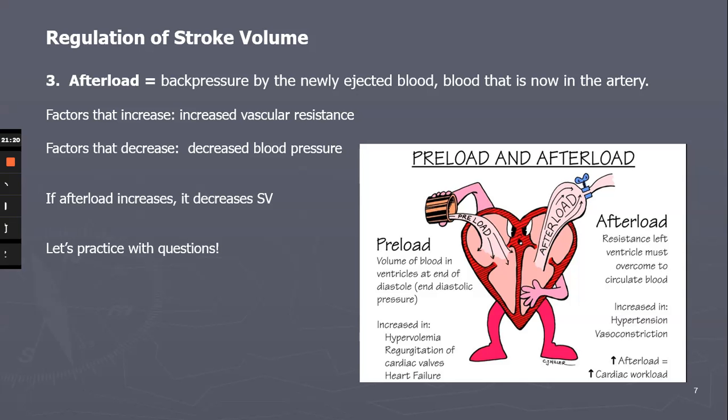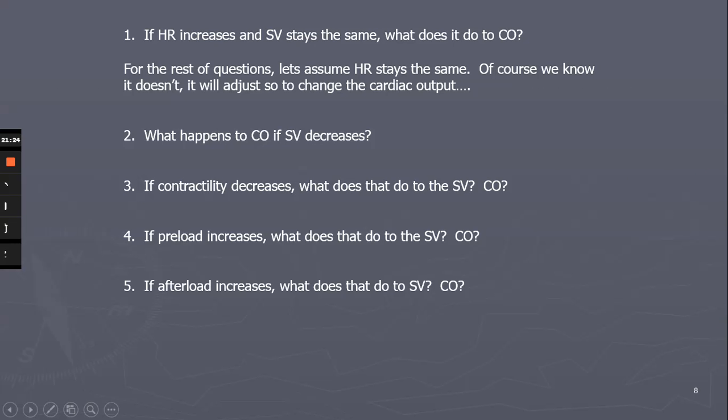All right, so we're going to practice with some questions. What I'm envisioning is in your notes, write out 1 through 5, and I want you to practice answering these. So number 1, if the heart rate increases and the stroke volume stays the same, what does this do to the cardiac output?